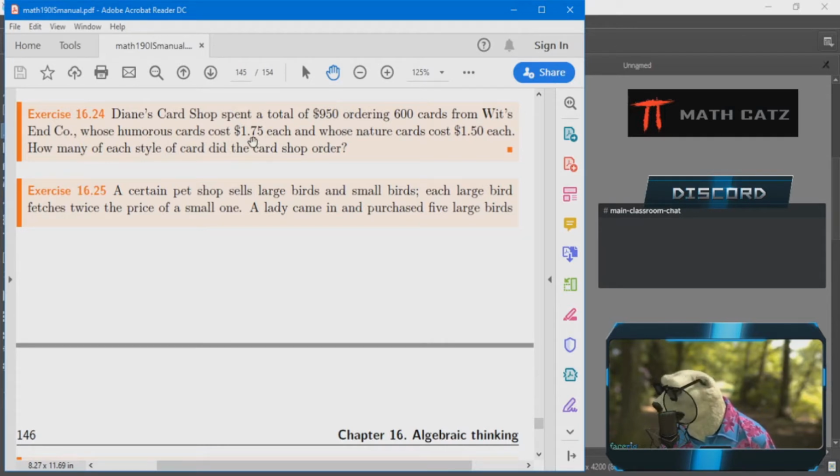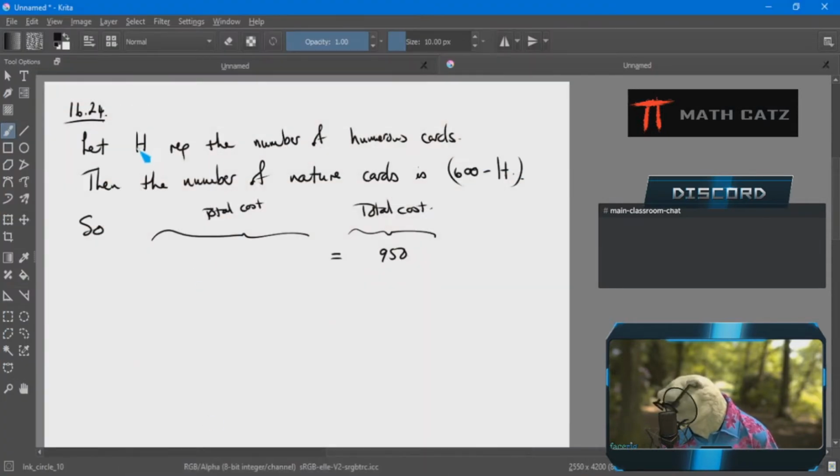Humorous cards cost $1.75 each, and I have h of them. So $1.75 times h will be the cost for all the humorous cards.